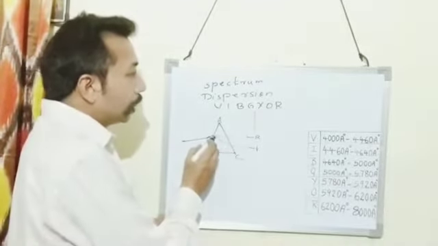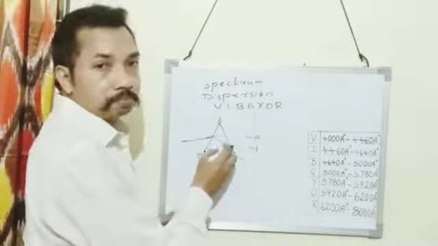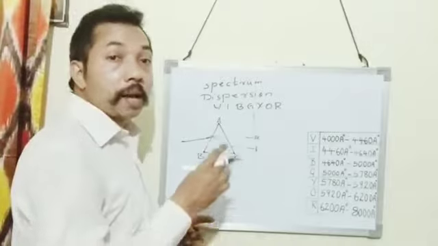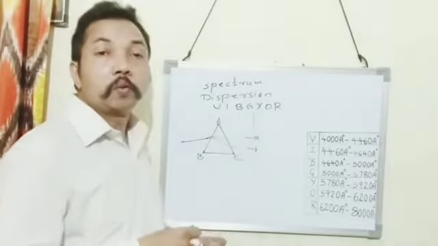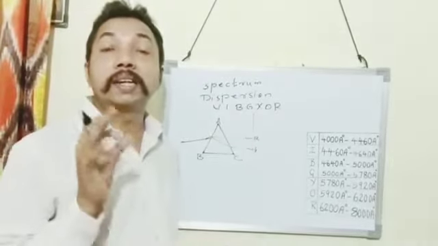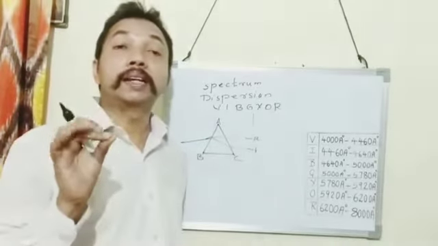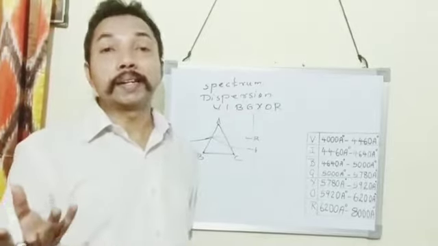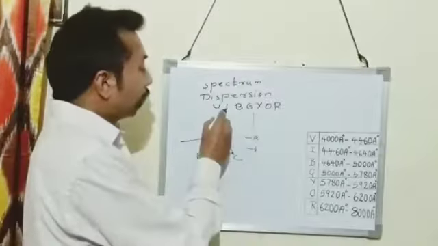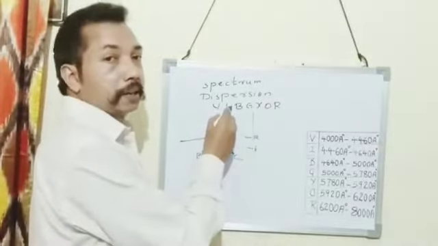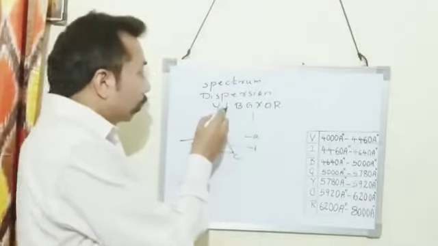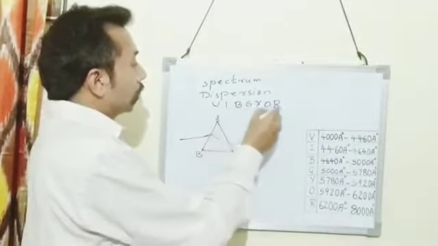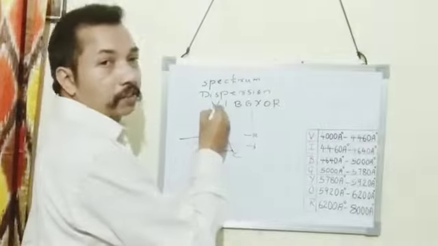Here you can see that violet is deviated maximum, because among these 7 colors, violet light has the least speed. That is why violet is deviated maximum. After that, indigo is deviated more than the other colors but less than violet.